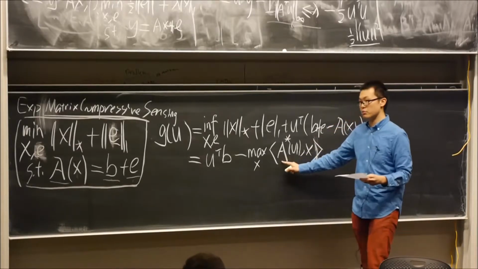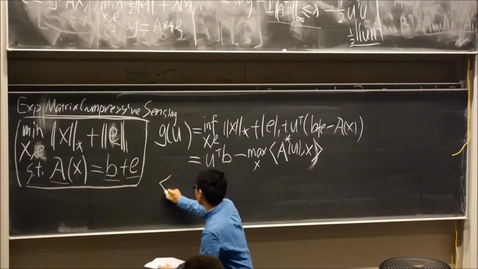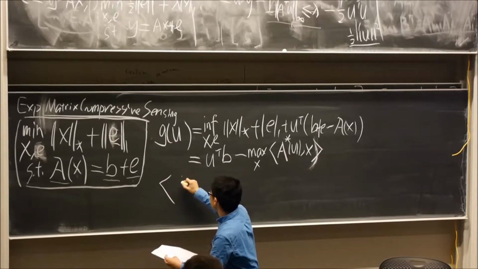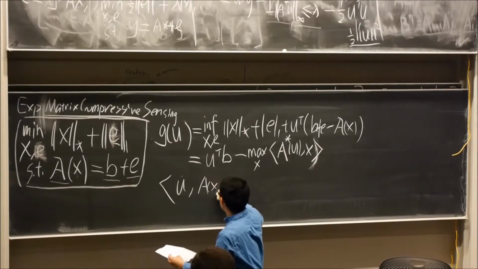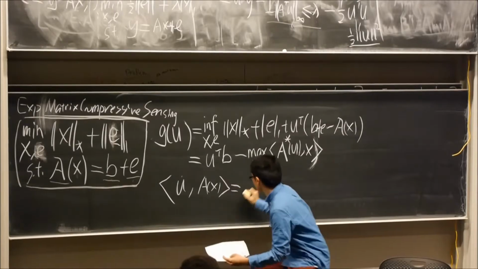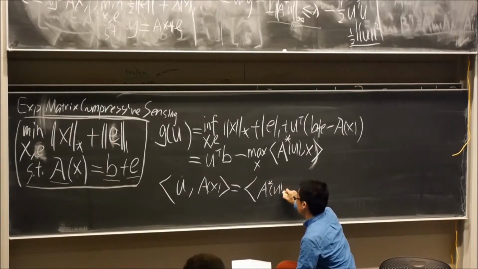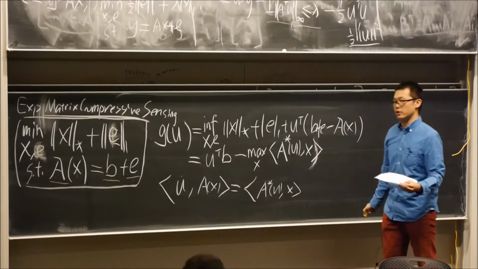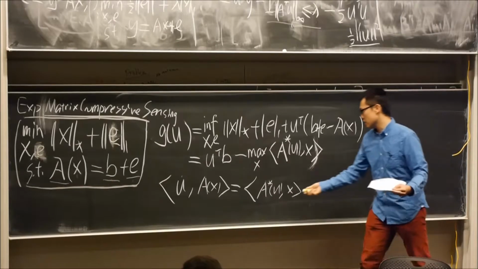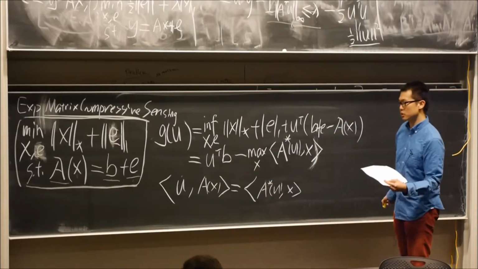This is the adjoint operator of A. For operators, we have <U, AX> equals <A adjoint U, X>. This is just similar to the matrix transpose. If A is a matrix multiplication, this is simply a transpose.